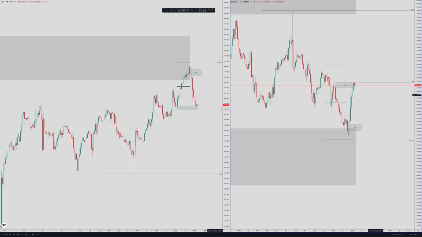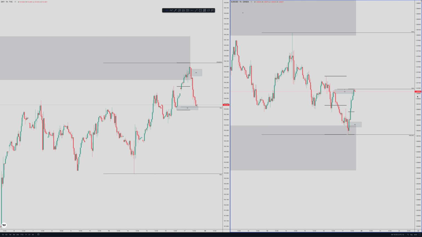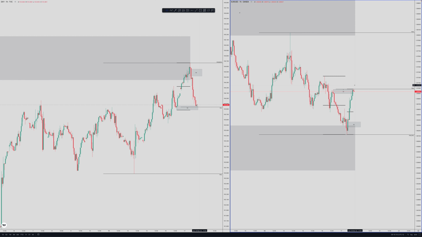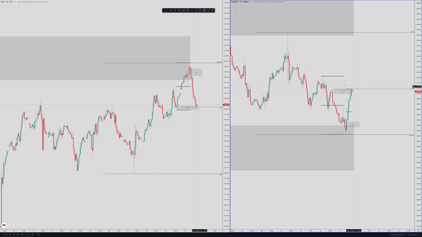Obviously this pair is negatively correlated, so I think what I can expect from Monday's price action would be we swept liquidity to the left, there is a previous daily high, of course, right here. So there's immediate buy side liquidity here. We could expect price to go lower following the bearish trend which it's been in now for a little while.